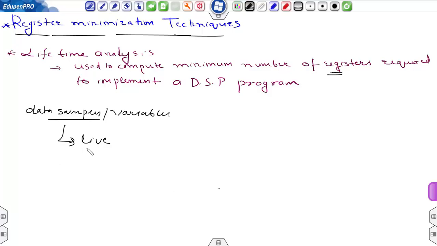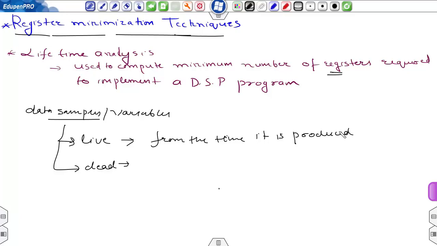And a data sample is said to be live or dead depending upon its status. So a data sample is live from the time it is produced, and it is called dead the time it is consumed.